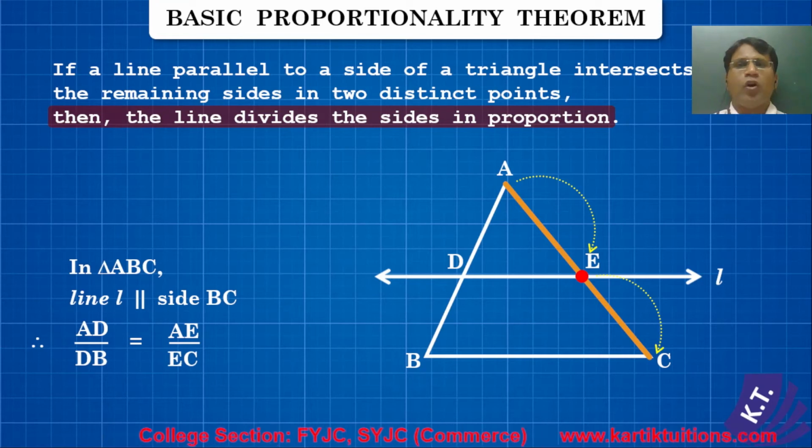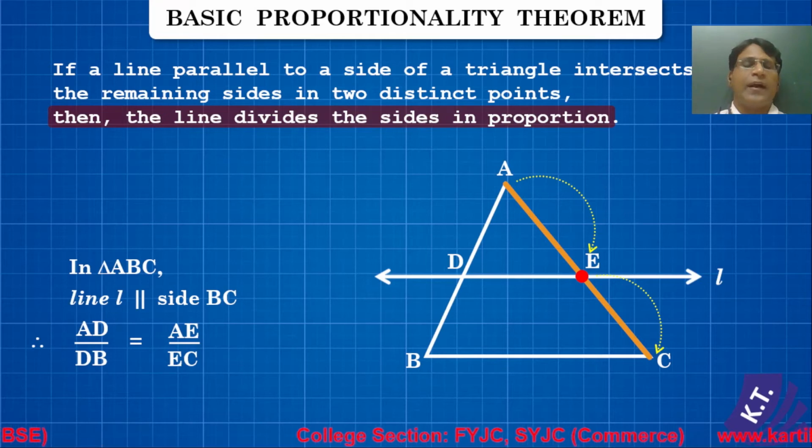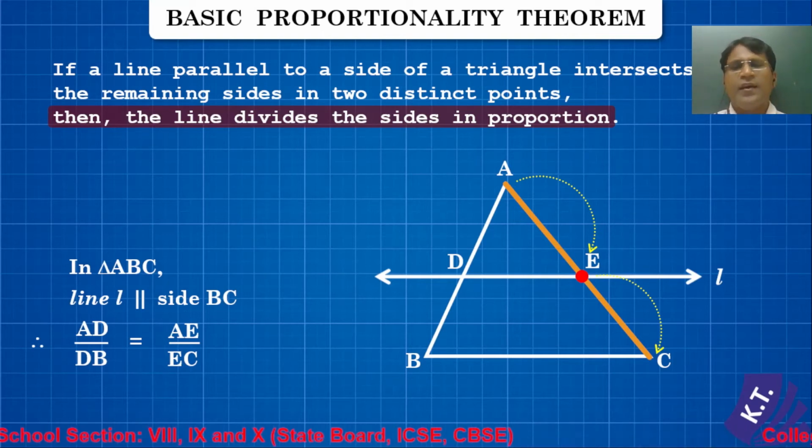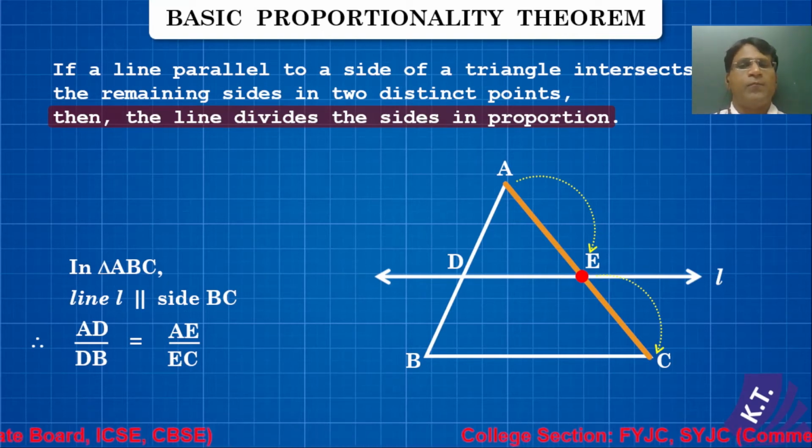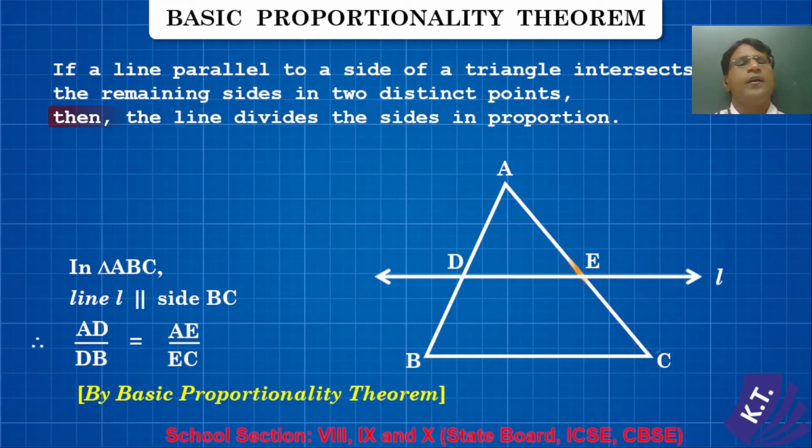So whenever we talk about basic proportionality theorem, always remember there has to be one segment or line parallel to one side of a triangle intersecting the other two sides at two distinct points. Then only you can apply basic proportionality theorem. So here in triangle ABC, line L is parallel to side BC, where AD upon DB is equal to AE upon EC, which we get with the help of basic proportionality theorem.